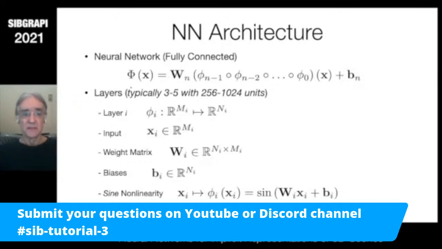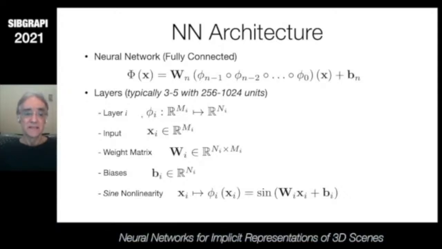So typically, the network is a concatenation of different layers. So we have a composition of these layers, phi i, that have as input features xi.